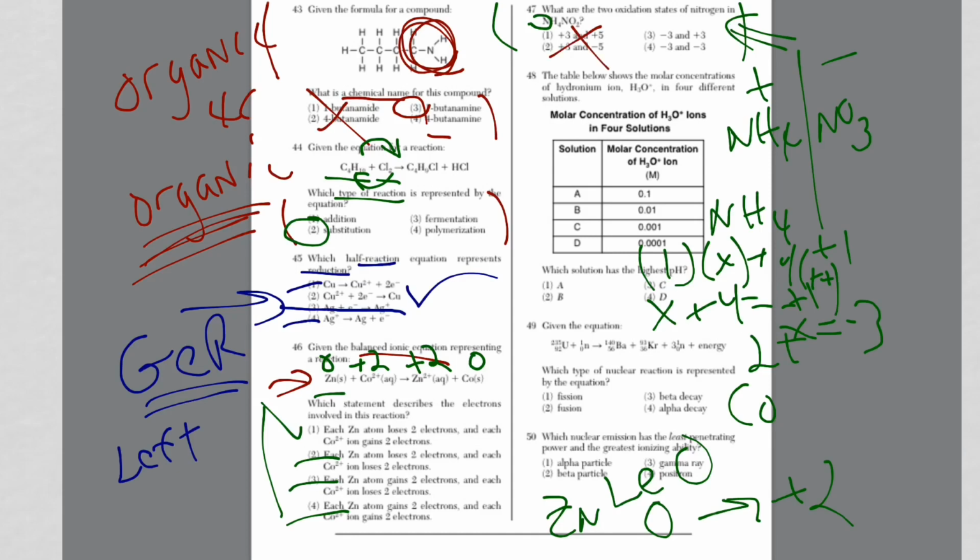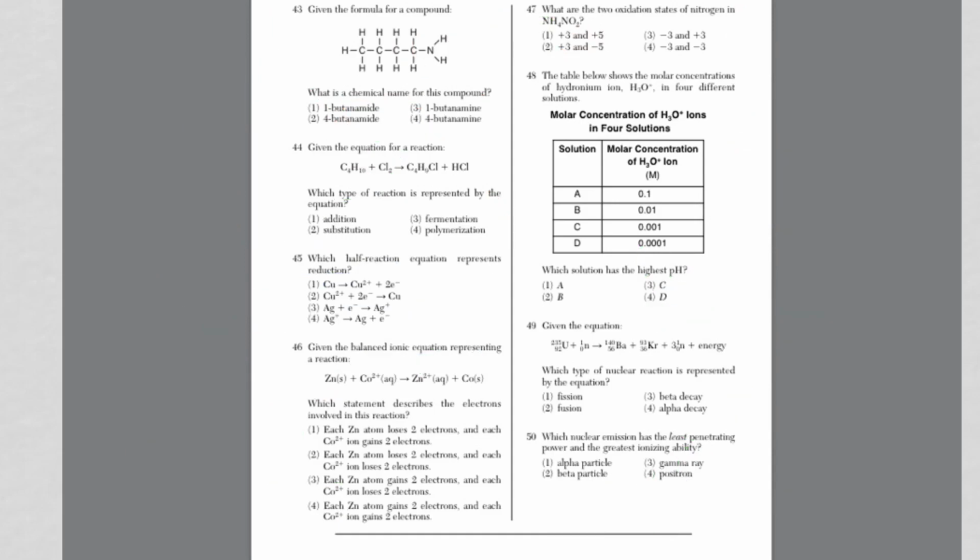Now I need to know, and let me erase all of this because it's getting really complicated here. For the nitrate poly, which is NO3-, now I need to figure out the oxidation state for that nitrogen. We got rid of these two. Well, I have 1 nitrogen, and that's X, plus I have 3 oxygens, each with a -2, and everything's got to add up to a -1, which is the polyatomic ion charge.